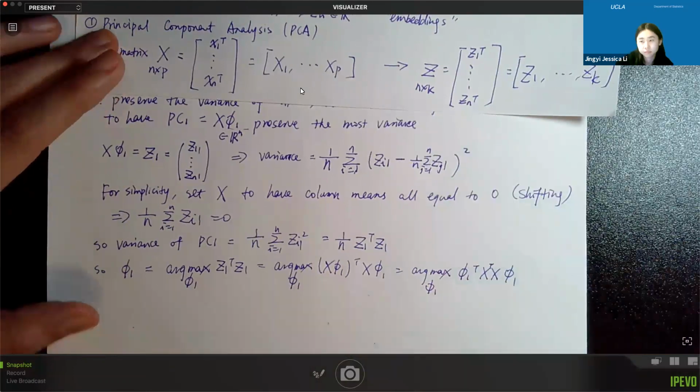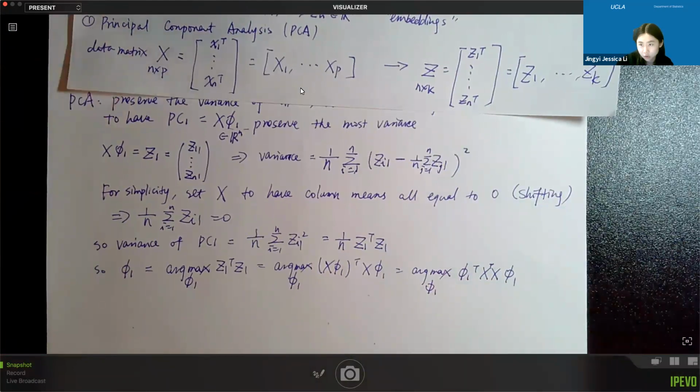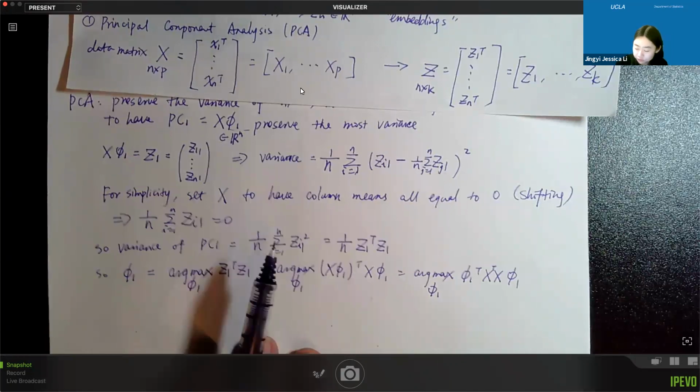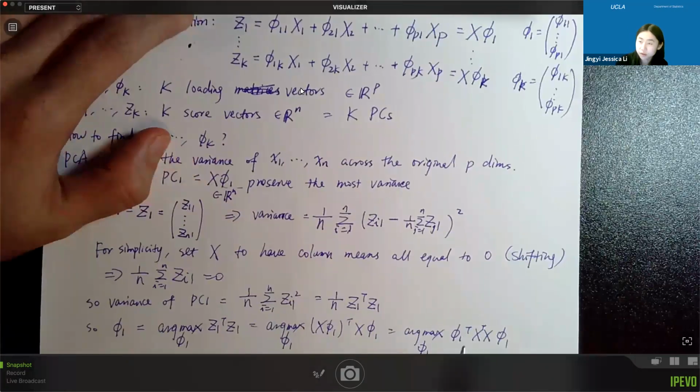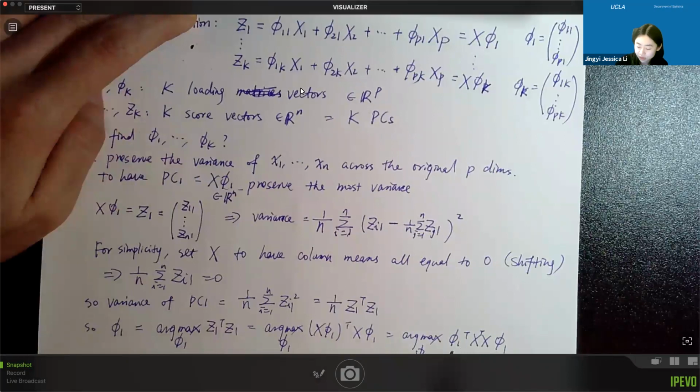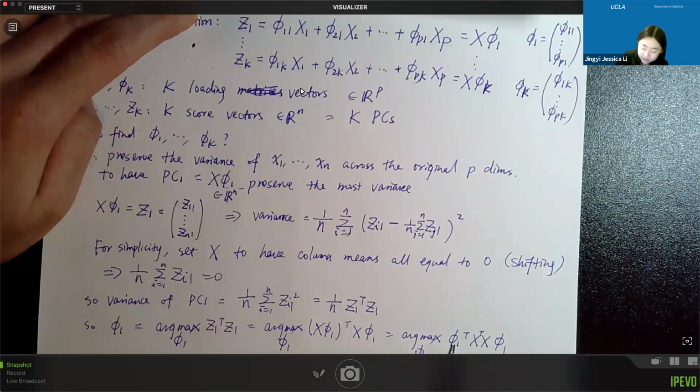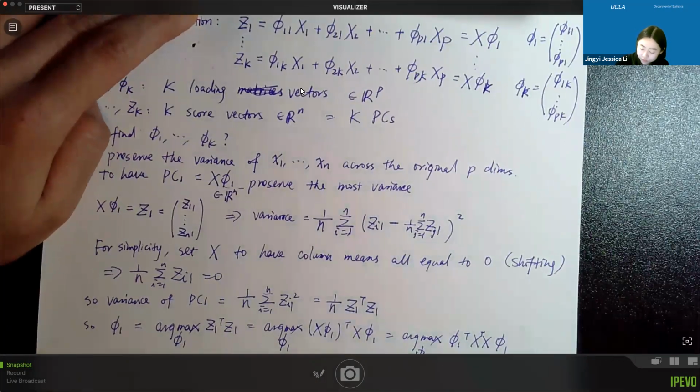That's the goal, to find the first loading vector. But I also need to have some constraint here, because I cannot let the phi 1 vector vary freely. Otherwise, this can be as large as infinity. If you imagine I set every entry of phi 1 to be infinity, that doesn't make sense. So I need some constraint on this phi 1.